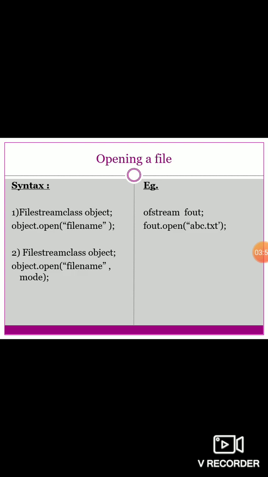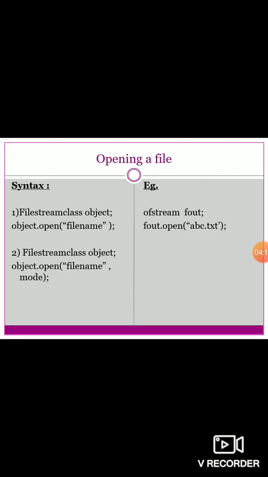There is one more syntax, the same as the previous one, but after the file name you can pass the appropriate file handling mode. What the different modes are, we will see later in the same lecture.